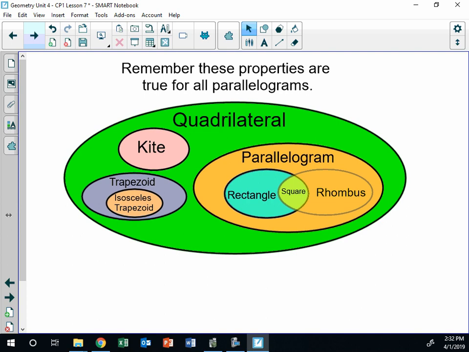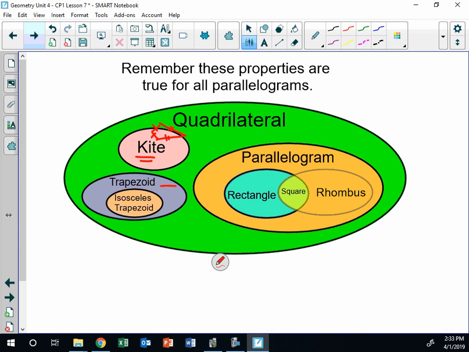Finishing up, just understanding how the shapes work together. Remember what a quadrilateral is, four-sided shape. So once we know a shape is four-sided, it can start to fit into different categories. Notice how the kite is a shape all by itself. When we're looking at the kite, consecutive side lengths are congruent, and that creates its own set of properties.